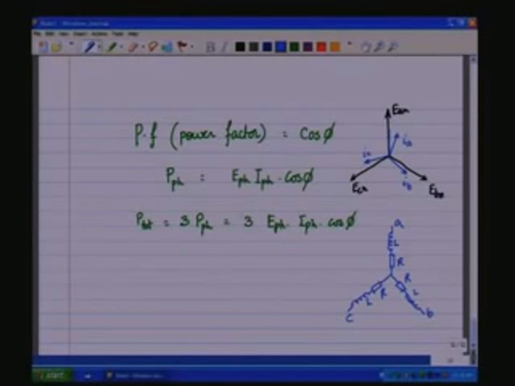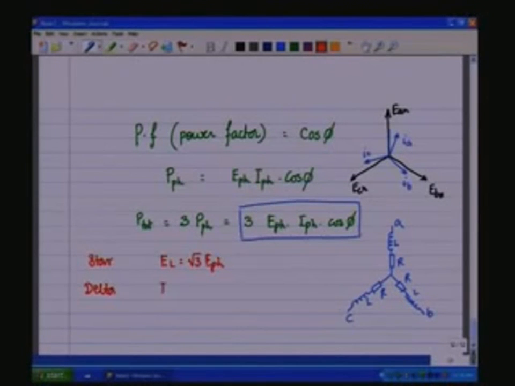In such a case, the total power of all three phases put together is given in this fashion, and still the relationship, let us say in the case of the star, we would have E line is equal to root 3 E phase, and in the case of delta, we would have I line equal to root 3 I phase.